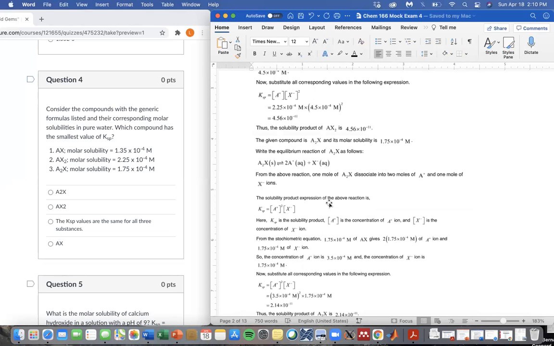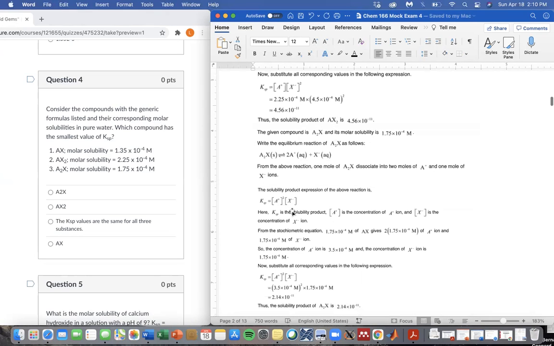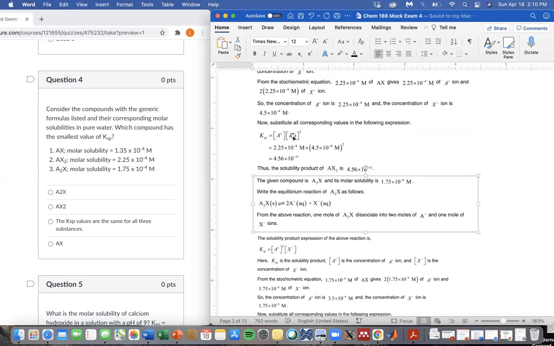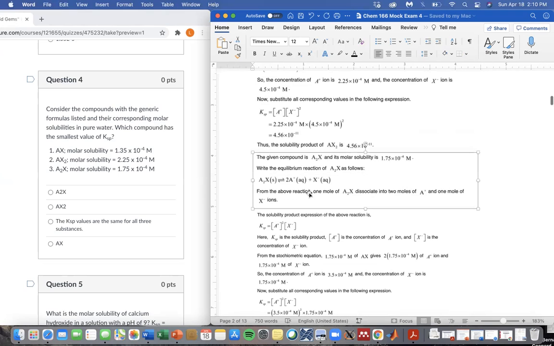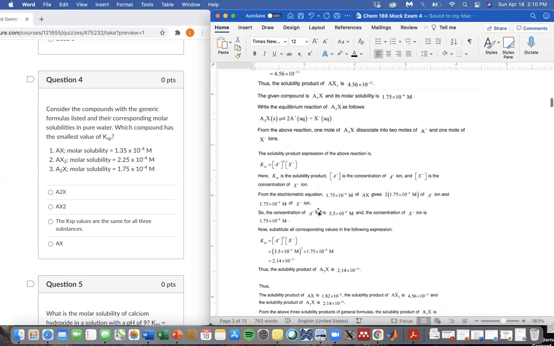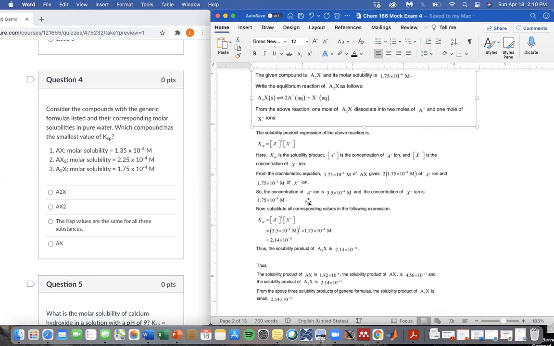For A2X, it's going to be [A+] squared times [X-], because it dissociates into 2A+ and 1X-. It's the exact same thing, the 4S cubed again, just this time it's the cation that has the 2 as opposed to the anion, as with AX2. So the expression is still 4S cubed.